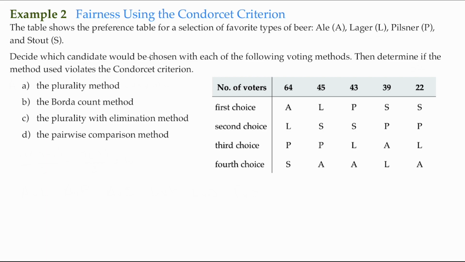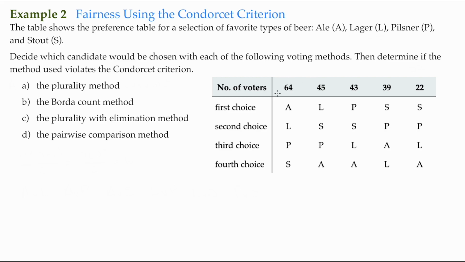Then determine if the method used violates the Condorcet criterion. So for the Condorcet criterion, we use the pairwise comparison method to see who is the winner. The first thing we'll have to do is figure out a majority.